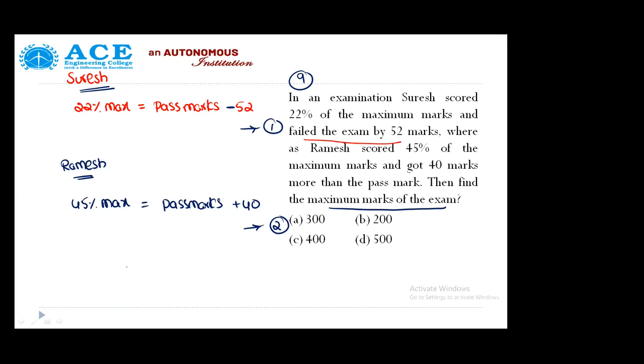Now here, if you do equation 2 minus equation 1, you can find 23% of maximum marks is 40 minus minus 52. We got 92. 23% of maximum marks is 92.